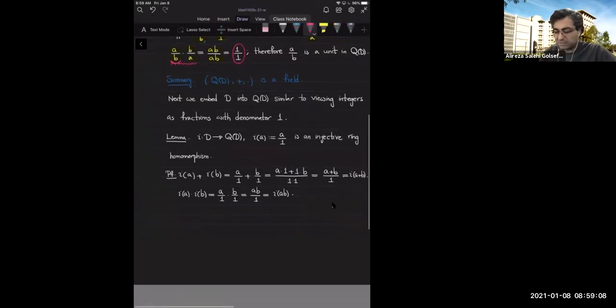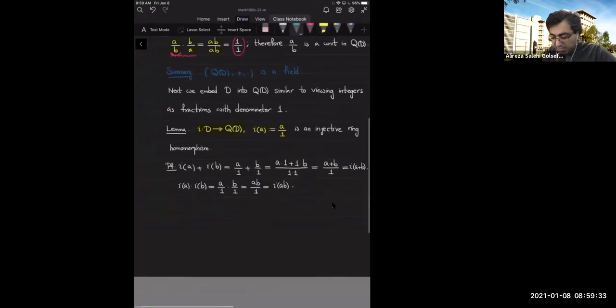When I give you an integral domain D, we can define this function i from D to the field of fractions Q(D) that sends a to a fraction with numerator a and denominator 1. My claim is that it's an injective ring homomorphism. An injective ring homomorphism is called a ring embedding.